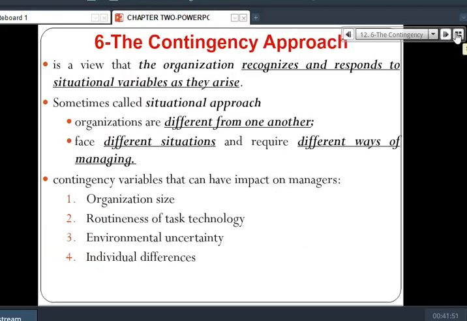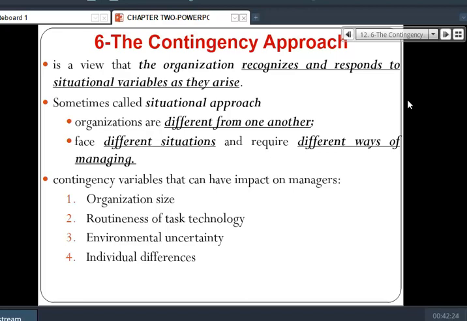The contingency approach is the view that organizations recognize and respond to situational variables as they arise. This is the weakest approach, proposing that we sit back in our company, waiting for risks and disasters to come, and only then take a step ahead.